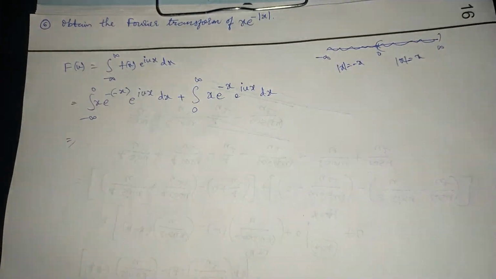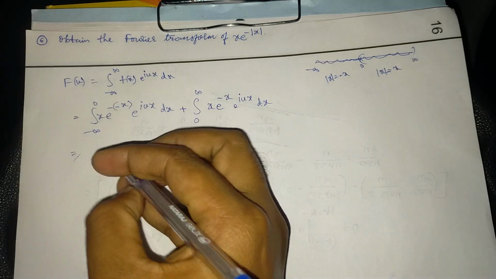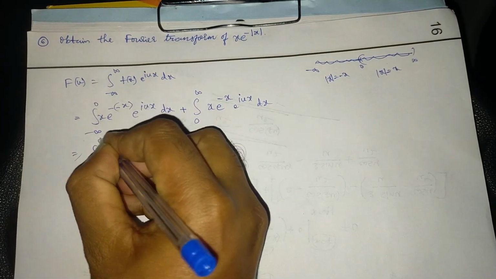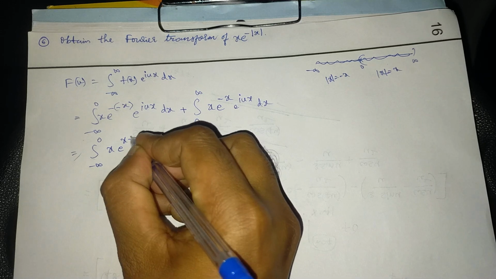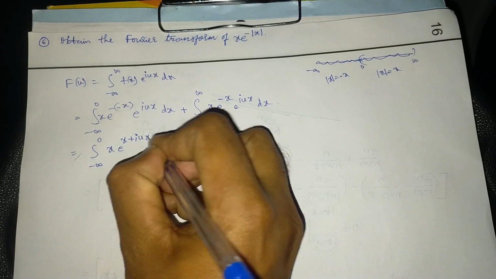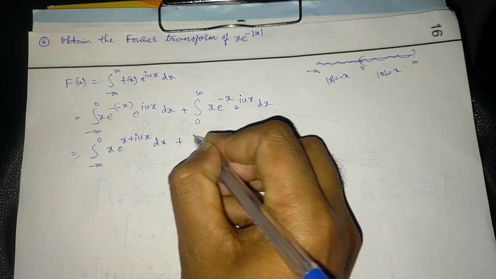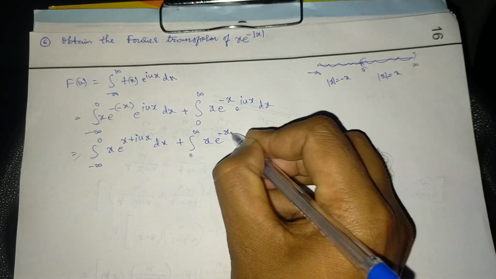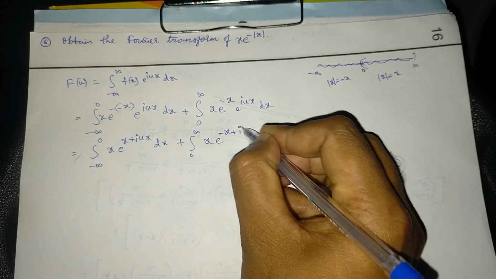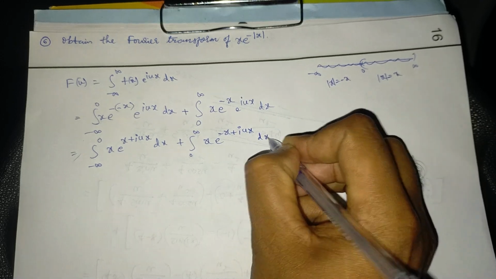So now this is nothing but the integral from minus infinity to 0 of x into e power minus into minus x plus i u x into dx, plus the integral from 0 to infinity of x e power minus x plus i u x into dx.